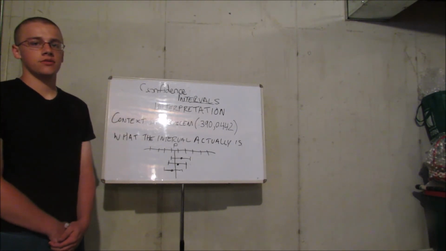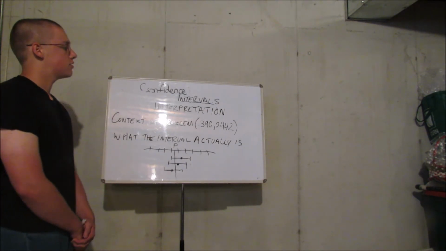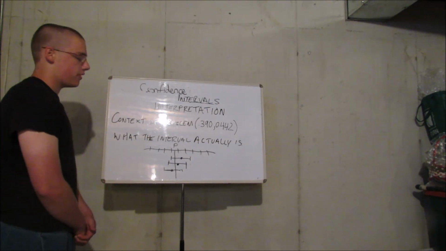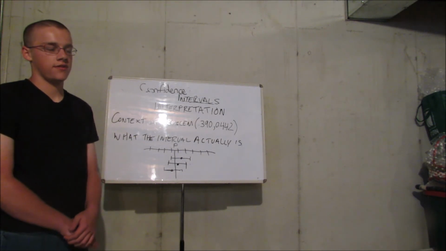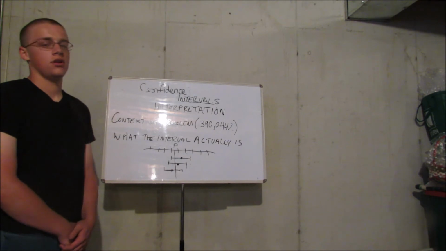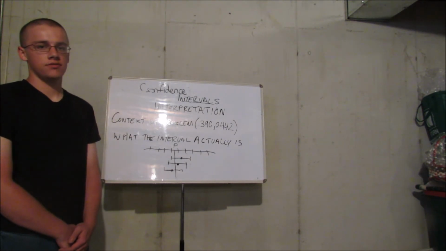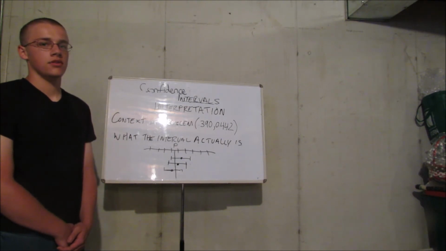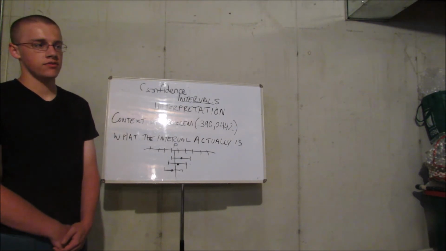The other way you can be asked to interpret it is what this actually means in statistics. So the way you explain that is you say, if a confidence interval similar to this one was constructed many different times, 99% of the confidence intervals constructed will contain the true proportion of people who are eligible for vaccines who received the flu vaccines.